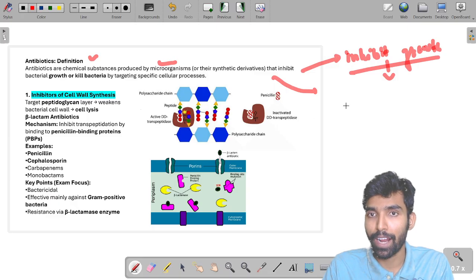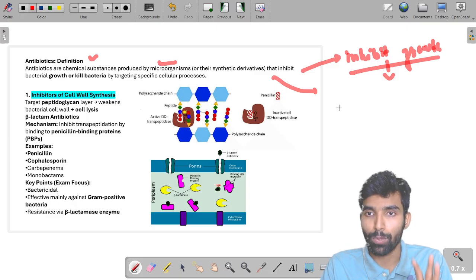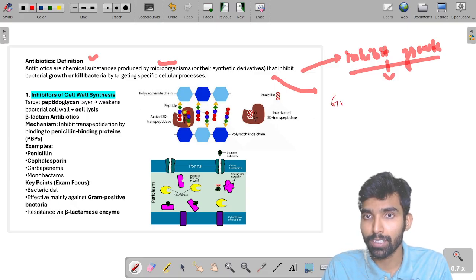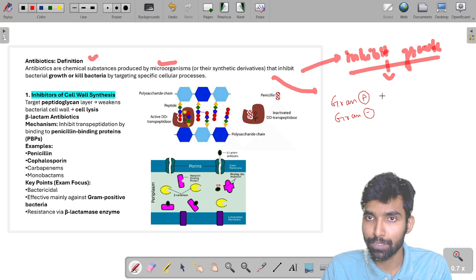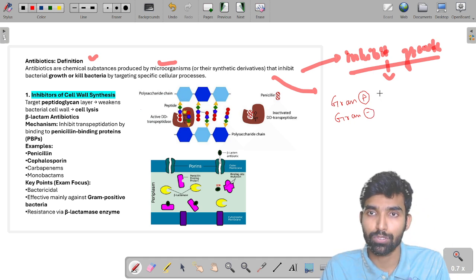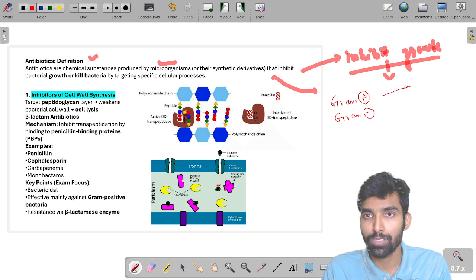You know the bacteria has a cell wall, right? So what's the difference between gram positive and gram negative? What's the difference between the cell walls of these two bacteria? In gram positive bacteria, the peptidoglycan is thick, right? In gram negative bacteria, there is thin peptidoglycan.